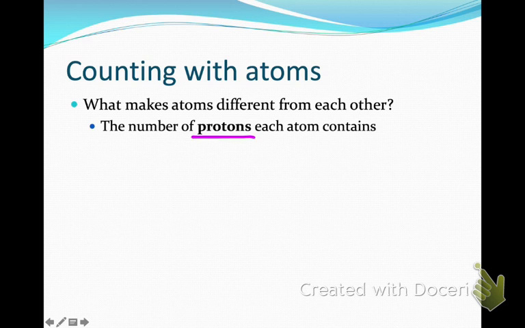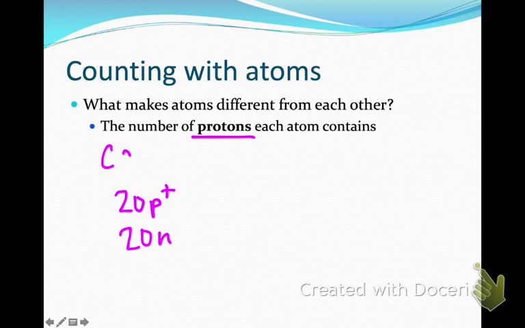I could have two atoms that both happen to have 20 neutrons. But if they have different numbers of protons, that is what distinctly makes them different. Okay, so I could have an atom with 20 protons and 20 neutrons.